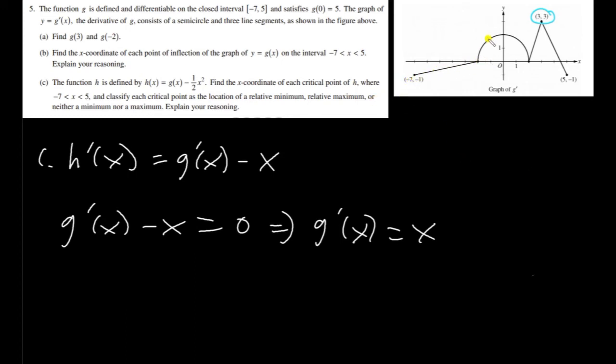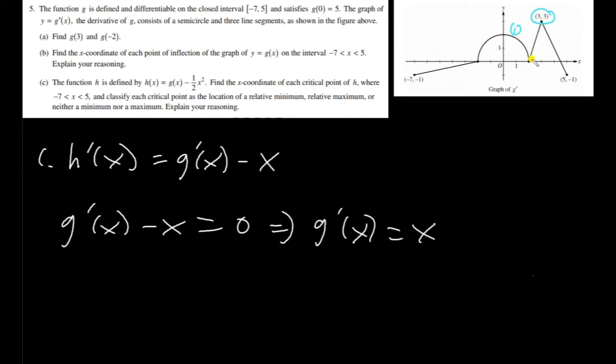And then in this half of the semicircle, g prime of x is positive, but x is negative. So in this half of the semicircle, it's not going to be possible for g prime of x to equal x. In this other half of the semicircle, however, we see x goes from 0 to 2, and y goes from 2 to 0, so there is going to be some point on this circle where x is equal to g prime of x. So there's going to be one point here, somewhere, I don't know where.